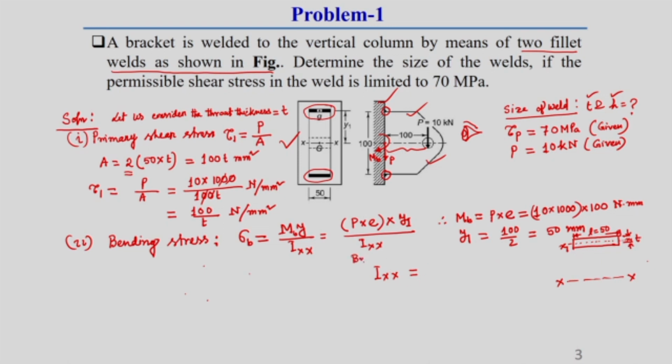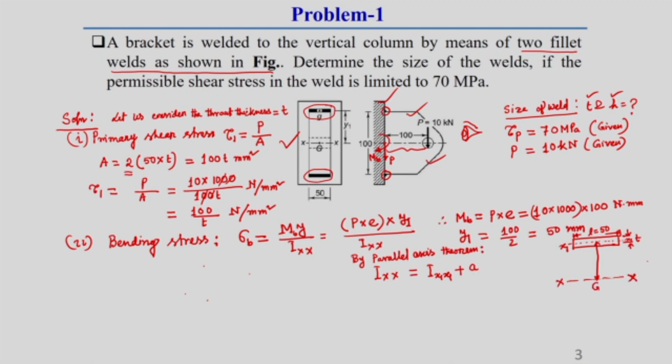Here I am writing by parallel axis theorem. By the parallel axis theorem, what do we know? Ixx is equal to Ix1 x1 plus area of the weld A into the distance from this x1, the perpendicular distance between this x1 axis and the capital X axis.